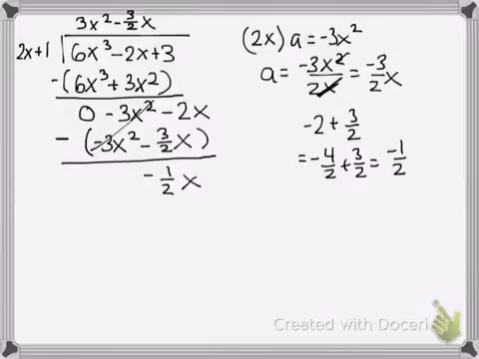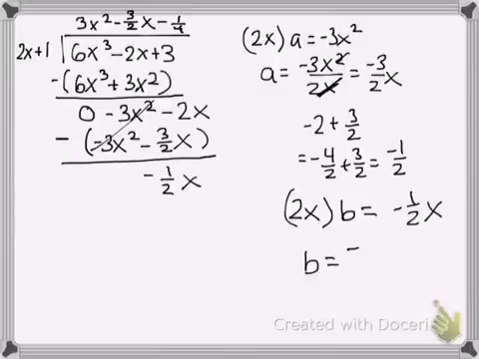Okay, now what do I multiply 2x by to get negative 1 half x? I multiply it by negative 1/4. And again, you can solve that. I'll do it on the side. 2x times what would it be this time, equals negative 1 half x.